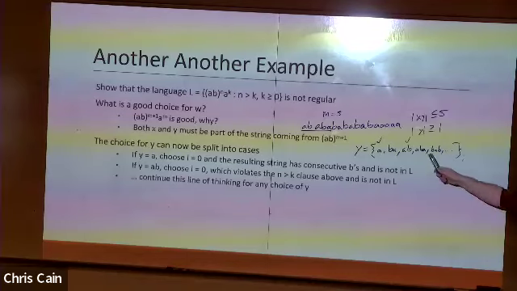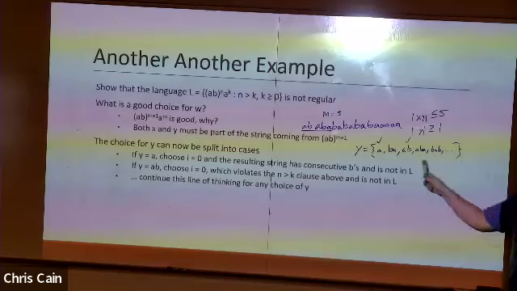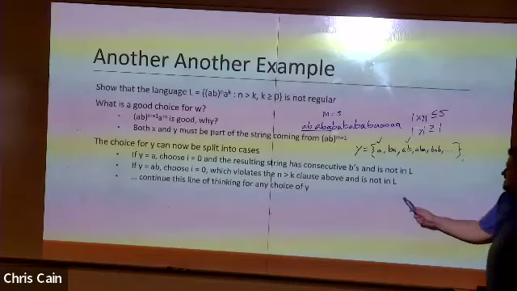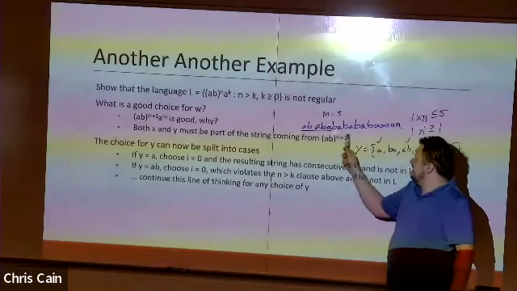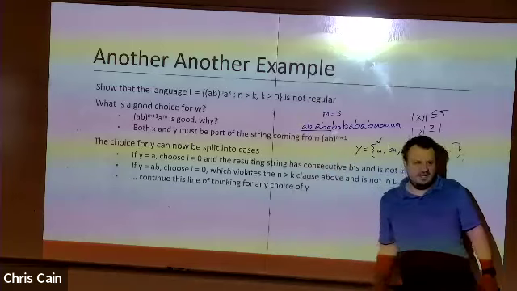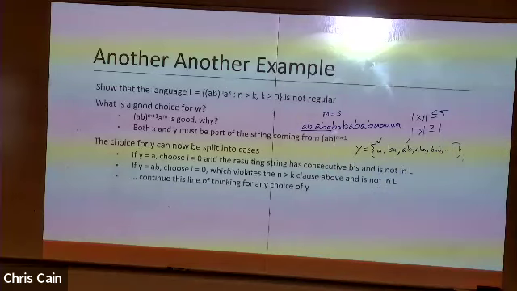And with any string longer than that, you will also be able to set I to 0, and for the same reason, N will be less than or equal to K. For anything that's longer than this, you can show that by deleting some substring of this, you violate that principle. Giving a little bit of time for this to sink in because I know it's not easy, it's not straightforward.